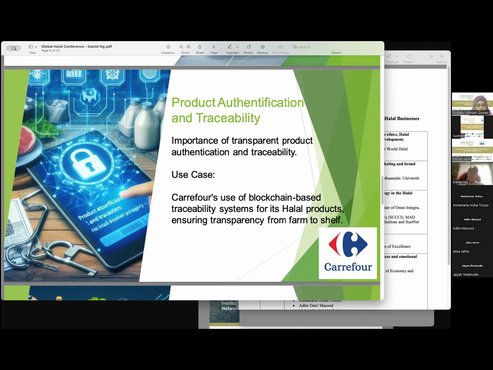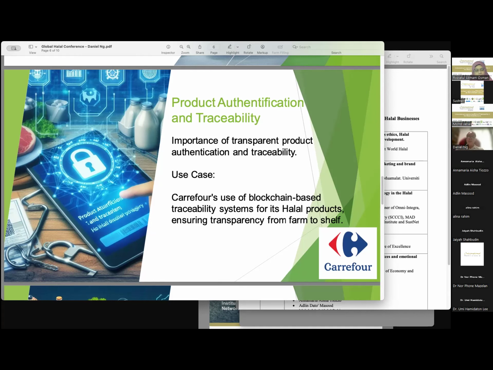So blockchain technology combined with AI algorithms enables transparent and tamper-proof product authentication and traceability. Now, one company that has used that pretty successfully is Carrefour. Its implementation of blockchain-based traceability systems for the halal products is a prime example of how businesses can leverage technology to enhance transparency and traceability.